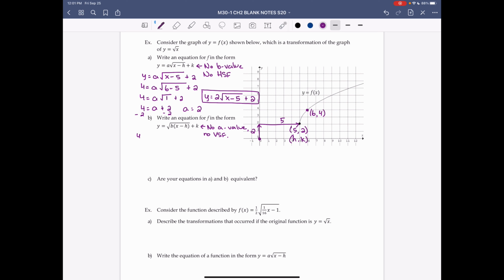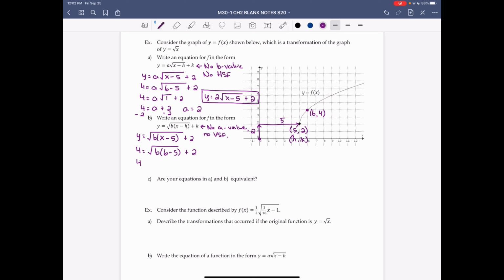We have y equals square root b bracket x minus 5 plus 2. We can sub in a point for the x and y values. I'm going to use the same point, 6, 4. y is 4 equals the square root of b bracket x is 6 minus 5, then plus 2 outside.